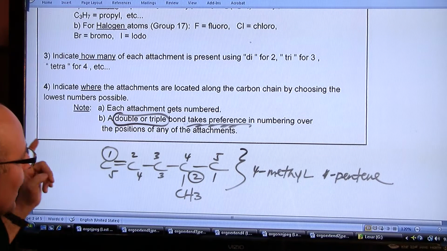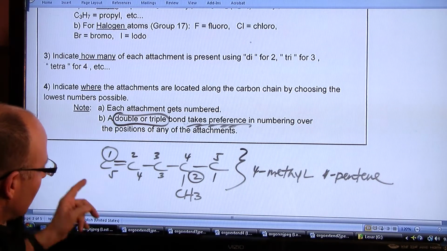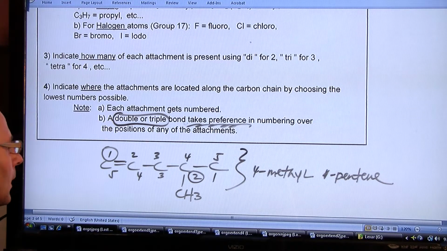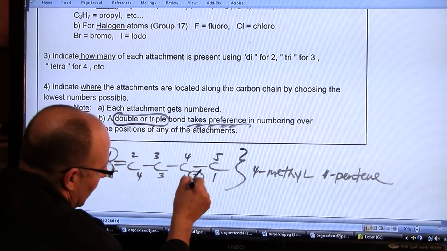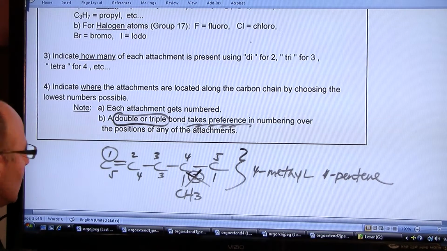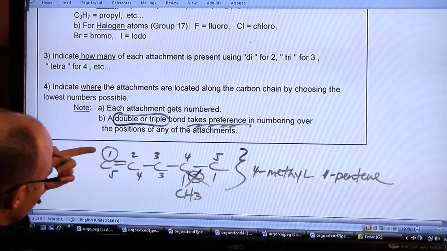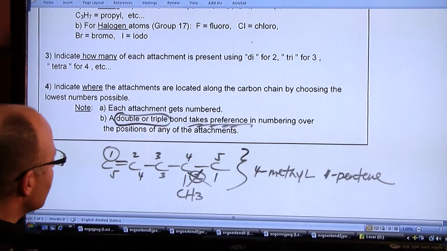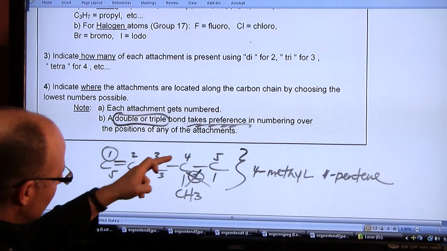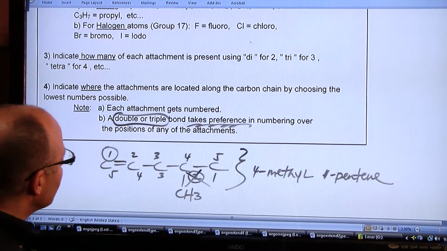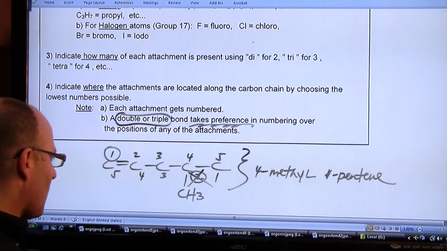So it would be a 1-pentene at the same time with 2-methyl, but you can't do that. Once you've decided to count from one end, you can't reverse in naming it. So giving the lowest number to the multiple bond, which in this case is the double bond, forces the methyl group to be numbered on carbon number 4.